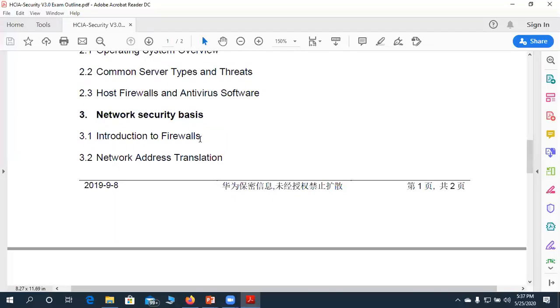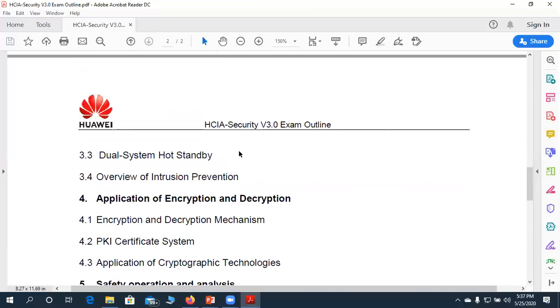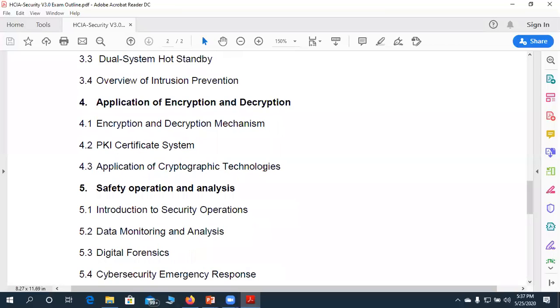You know, what is a firewall? Network address translation, which we call NAT. Dual system hot standby. And then we're going to look at the overview of intrusion prevention systems. What are these? You are going to learn later about them.